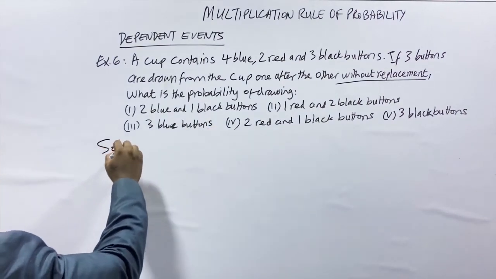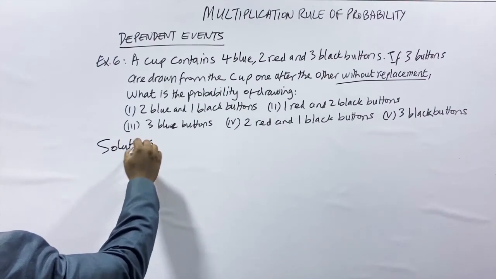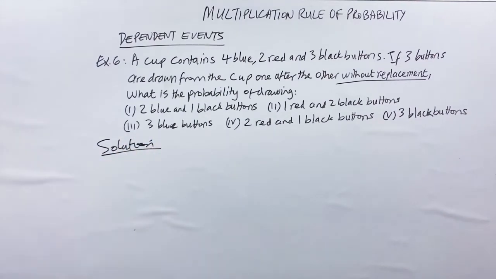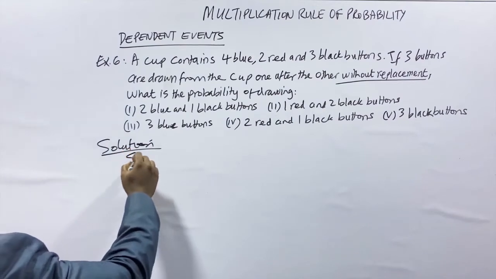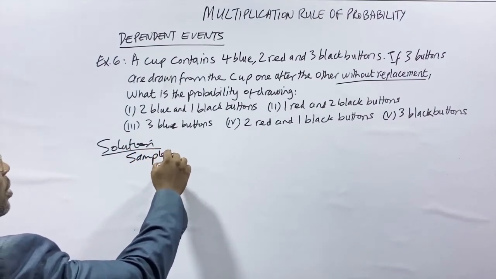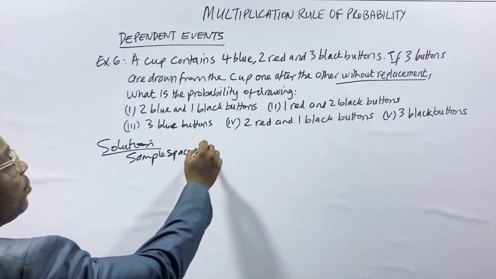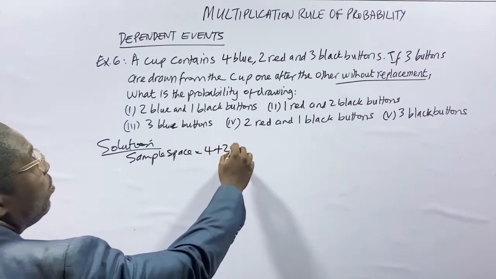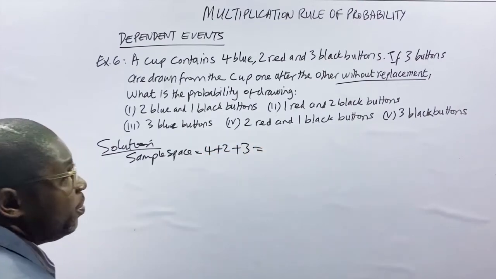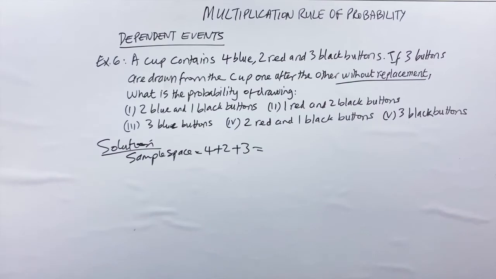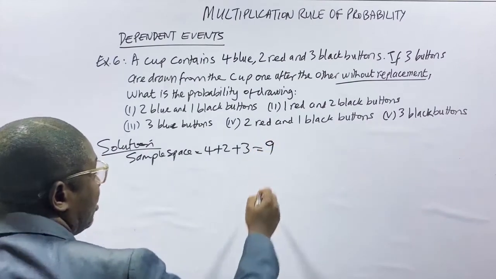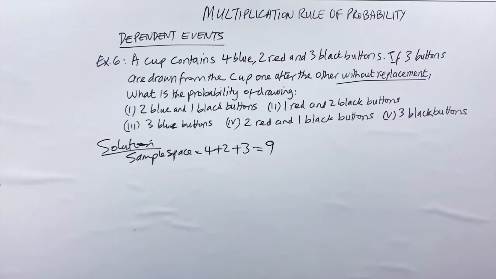Now, the solution, as we usually start, is to look at what is our sample space. So our sample space in this is 4 plus 2 plus 3. So that 4 plus 2 is 6, 6 plus 3 is 9. So our sample space is 9.